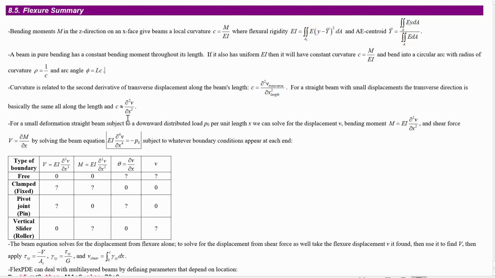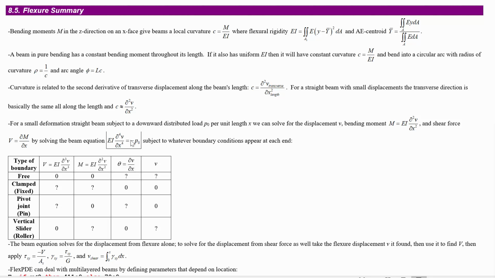If you differentiate this, because the derivative of the moment should give you the shear force, and the derivative of the shear force should be the distributed load, because that's what's changing the shear force all along the length, that leads you to this beam equation.